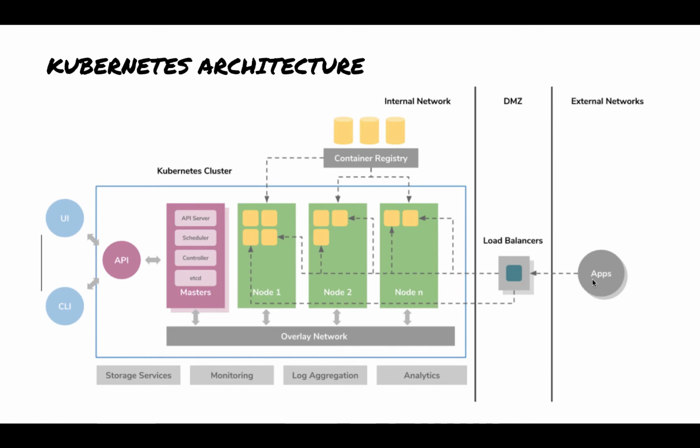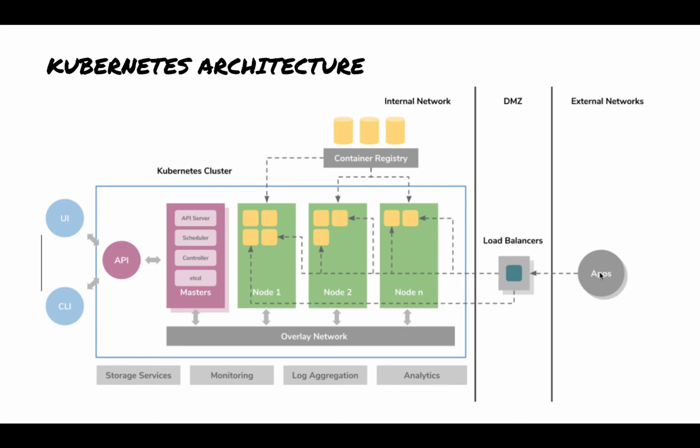And for the external world to access these containers, they go in through some load balancers which are in a DMZ, demilitarized zone, for security, and these are port forwarded to the internal IPs and ports where the containers are actually running the services.